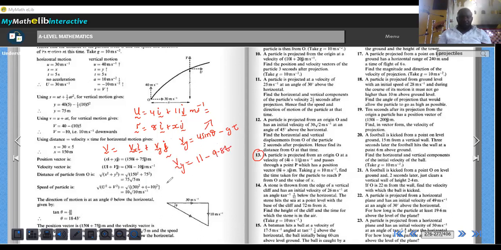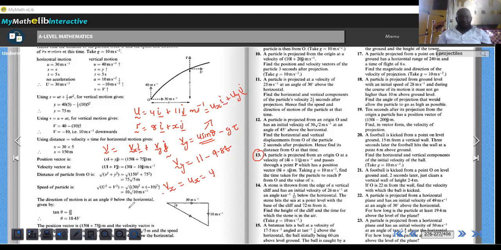Then for the horizontal, Vx, because this is u in x, i plus u in the vertical, j. That's why I've considered this to be u in the vertical. So v in the x is the same as u of x, which is equal to 4.